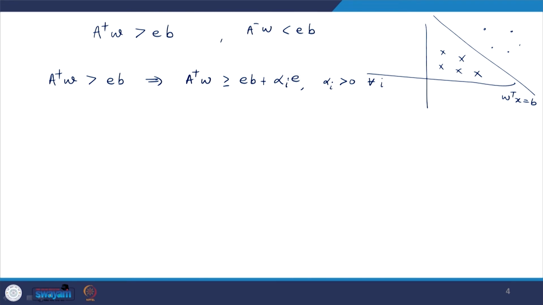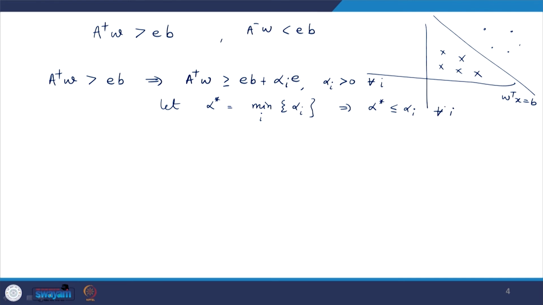Now, let us take alpha star equal to the minimum of alpha i over i. That implies alpha star is less than or equal to alpha i for all i.